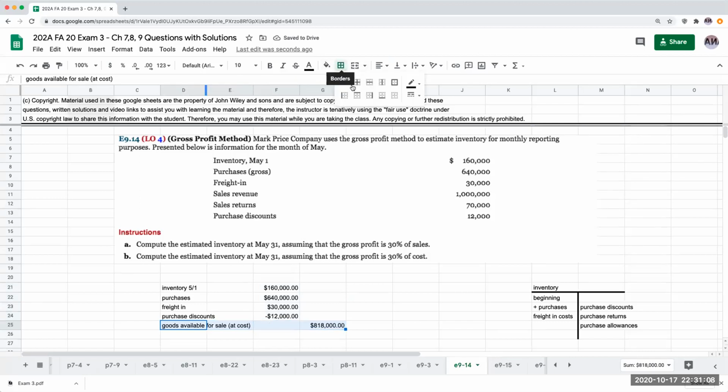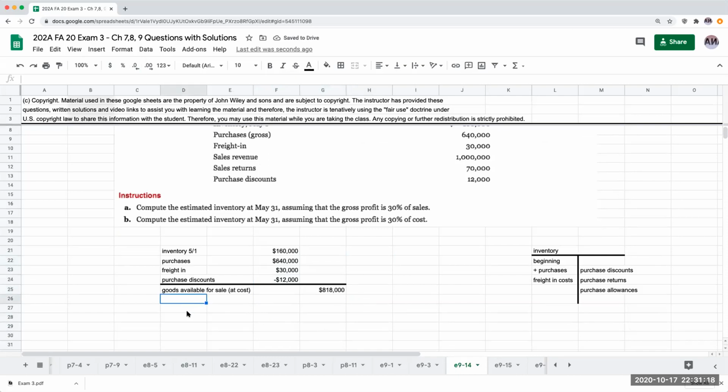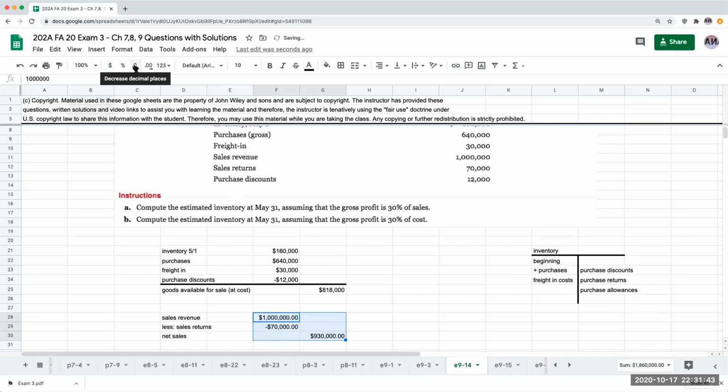Now what I've got to figure out is how much I actually sold. In terms of my sales, I had sales revenue of $1 million, less my sales returns of $70,000. So my net sales is going to be $930,000.